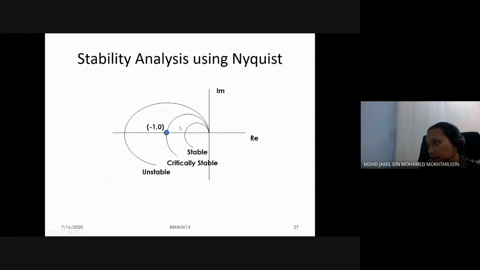Okay, so this is what I said just now. If your Nyquist plot is before -1, then the system is stable. If it intersects -1, then the system is critically stable. If the Nyquist plot intersects values more than -1, more negative, so the system is unstable.